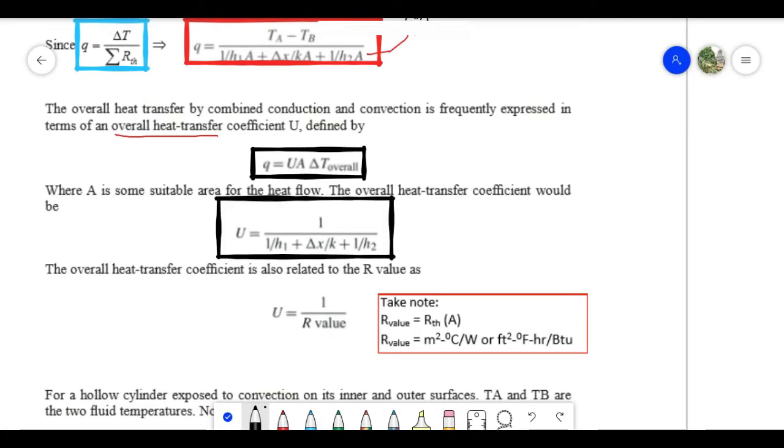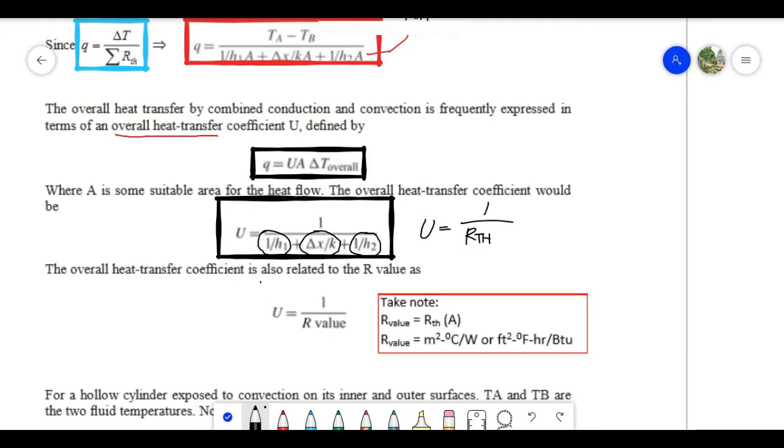So, take note, huwag mali dito. Okay, 1 over 1 over h1 plus delta X over K, and then 1 over h2. So, mapapansin nyo, ang akalain nyo, baka sabihin nyo madalas ang U is 1 over R_TH, which is mali po.